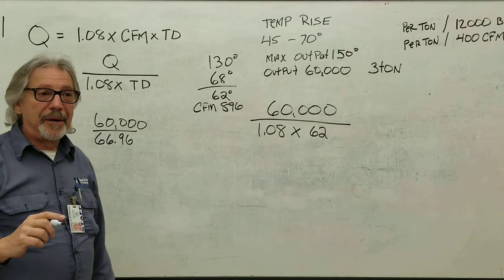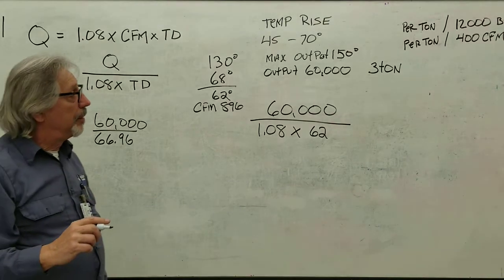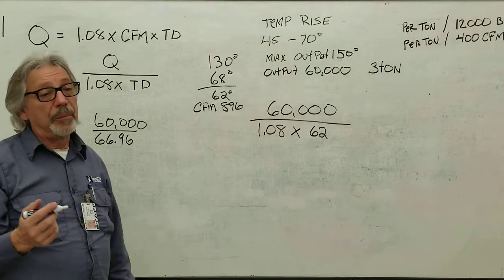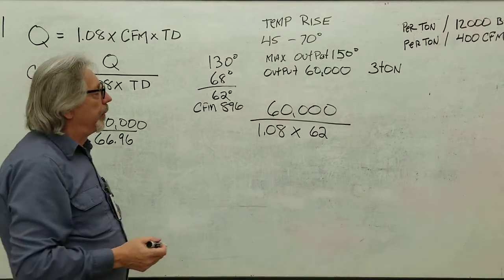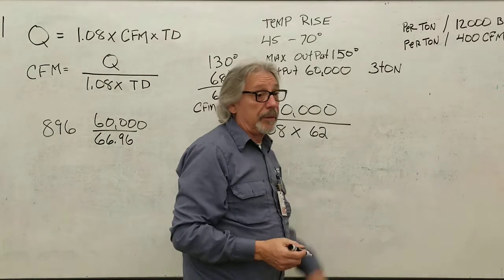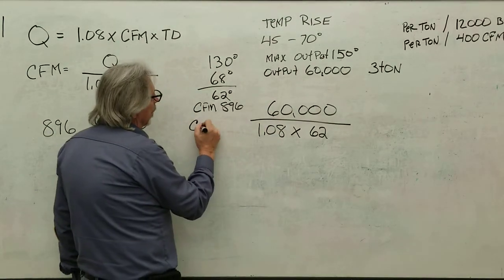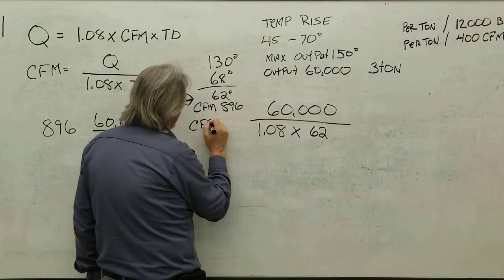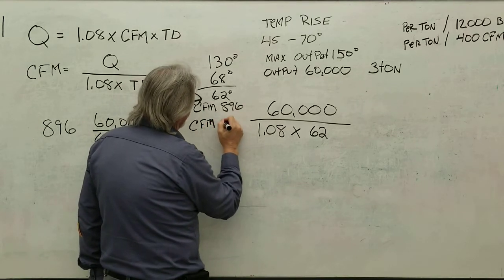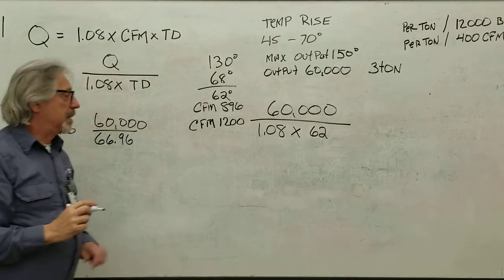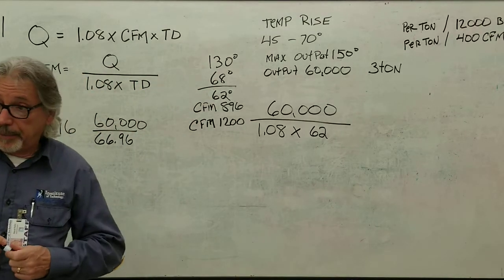You just multiply 3 times 400, because it's 400 per ton. So in the cooling mode, we have a CFM of 1200. So obviously, we have less CFM in the heating mode, right?